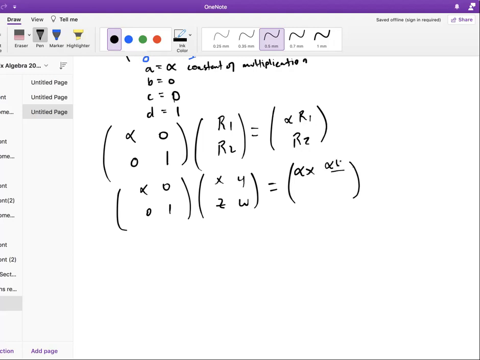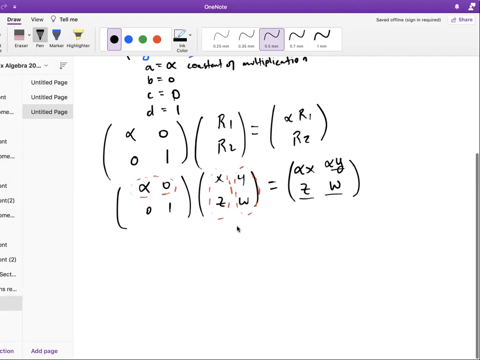Alpha y, yeah. And then what's this entry here? C. And this entry, W. Yeah, notice that alpha is only affecting the first row, right? When you do matrix multiplication, entries in the first column of the left matrix only affect the first row in the second matrix.